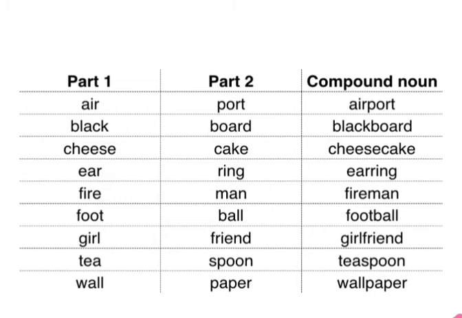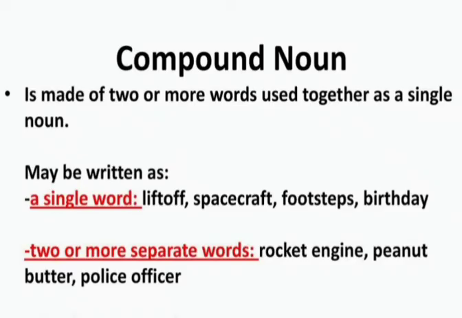Compound nouns are sometimes one word, like haircut or bedroom. They are often referred to as closed or solid compound nouns. Sometimes compound nouns appear as two separate words. Full moon, Christmas tree, and swimming pool are some examples of compound nouns that are formed with two separate words.